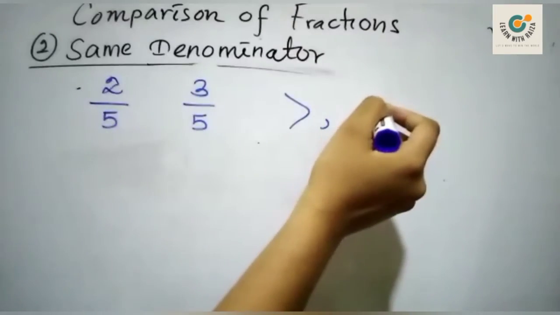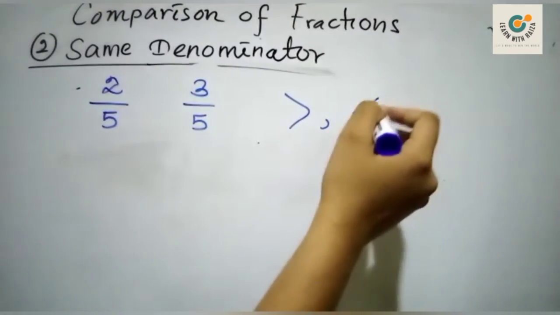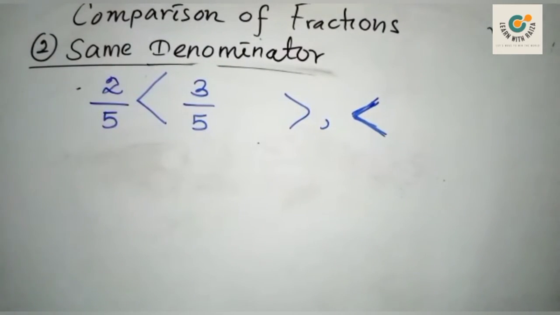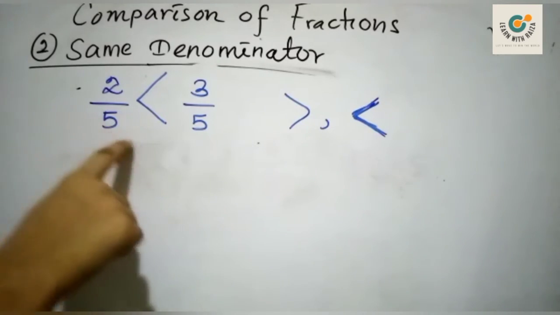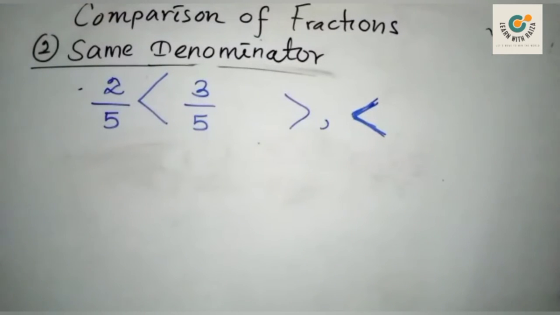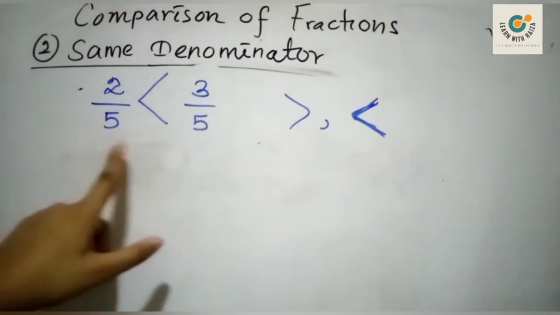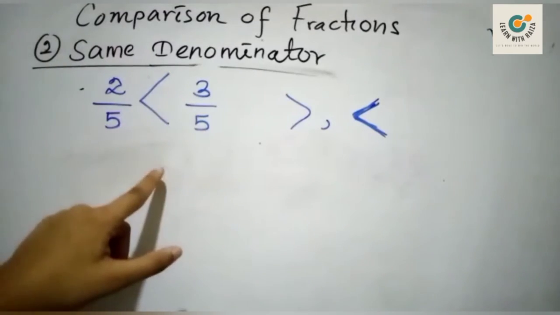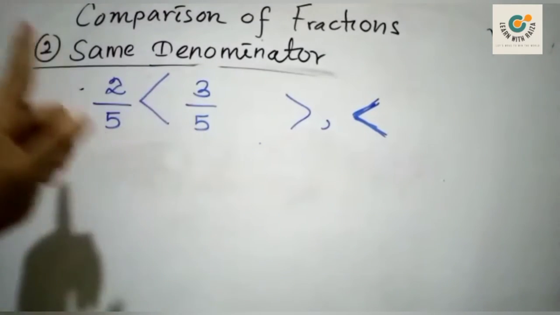The crocodile's mouth opens towards the larger prey, that is to this side. So the fraction with the larger numerator, when denominators are same, will be the larger fraction.